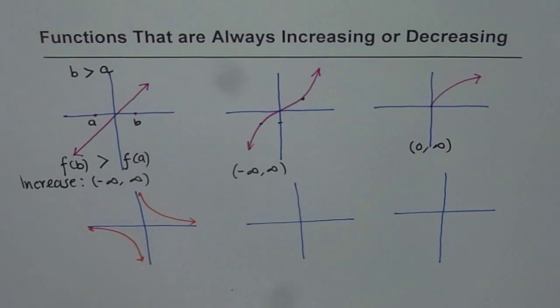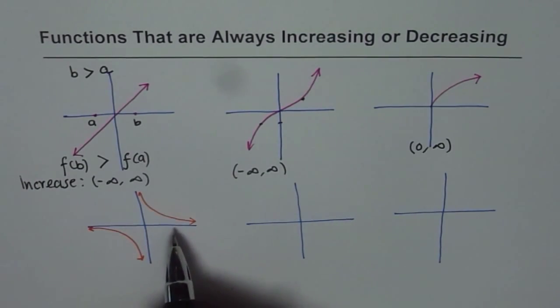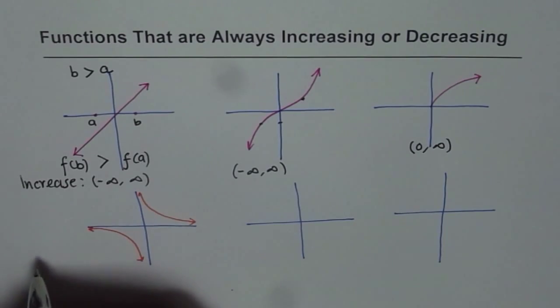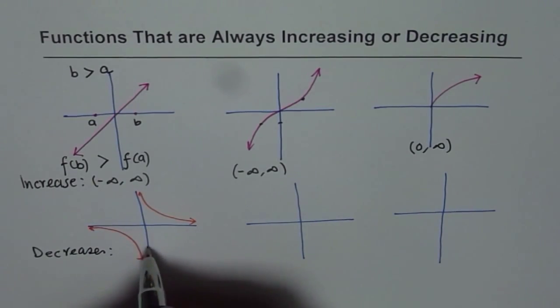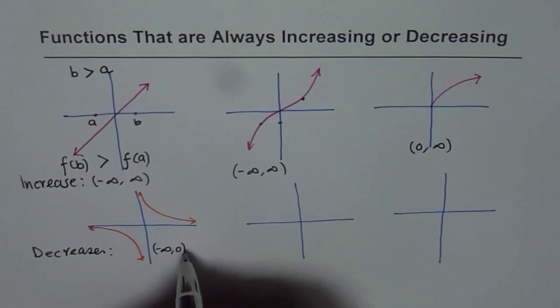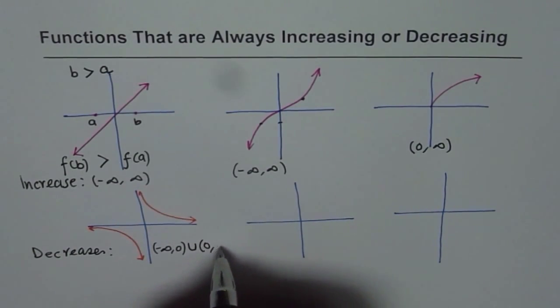So what we see here is that all along its domain, the function decreases. And so in this case, we are talking about the decreasing interval for the function, right? So it decreases in the interval from minus infinity to 0, 0 is not included, union 0 to plus infinity.